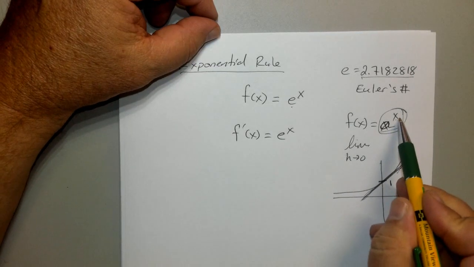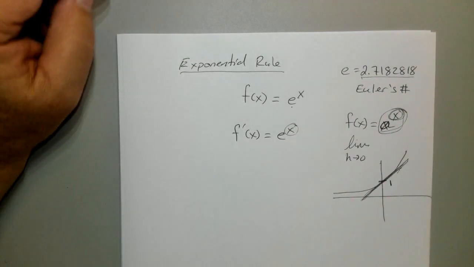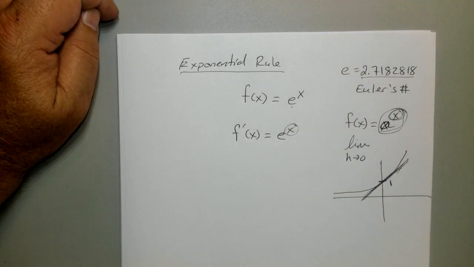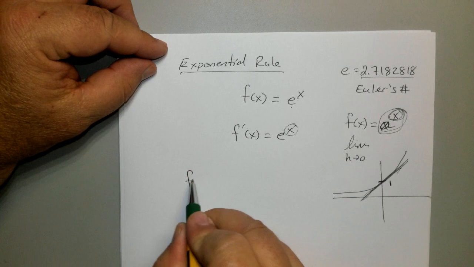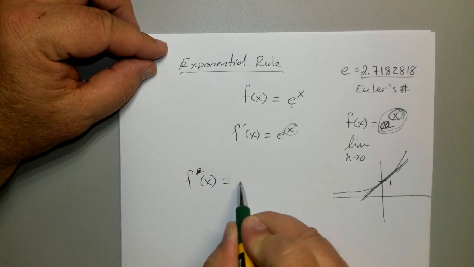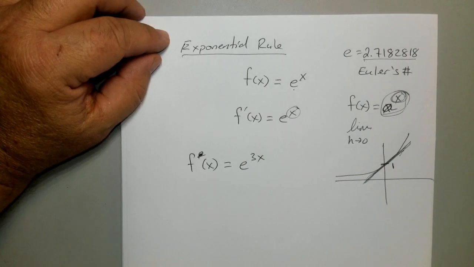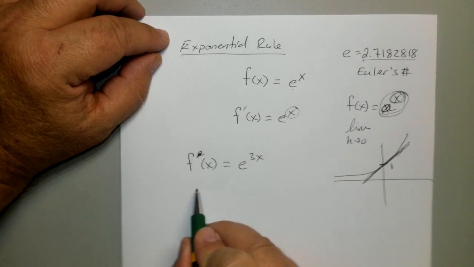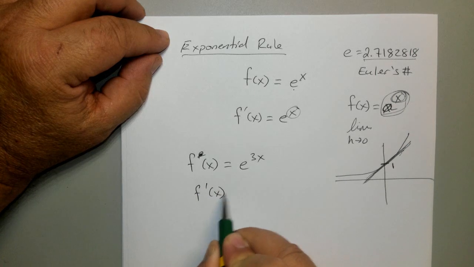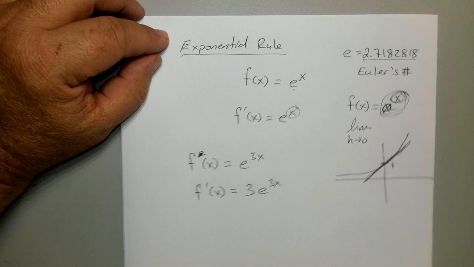Right now we're keeping the exponent as just x. If we had e to the power 3x, the derivative would be 3e to the power 3x.